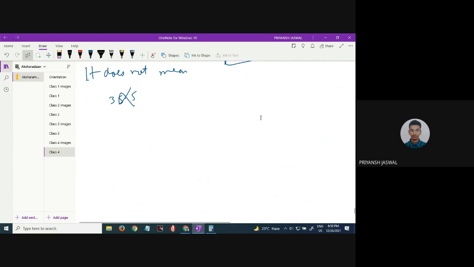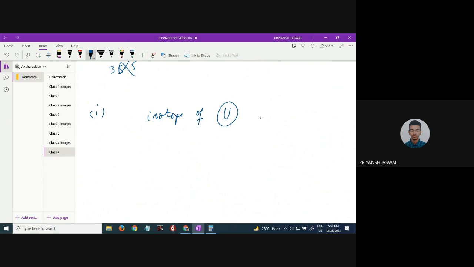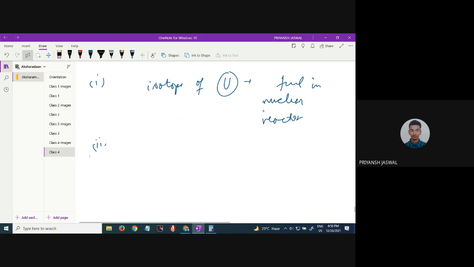These isotopes have some applications also. Although their chemical properties are the same, they possess some special physical properties. Some examples: an isotope of uranium is used as fuel in nuclear reactors. An isotope of cobalt is used for the treatment of cancer.